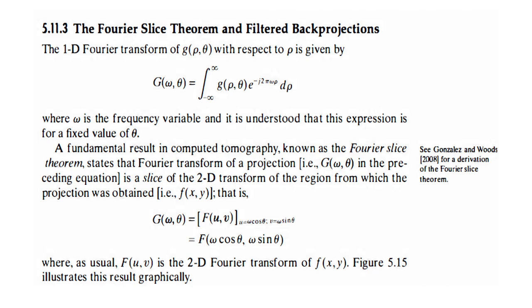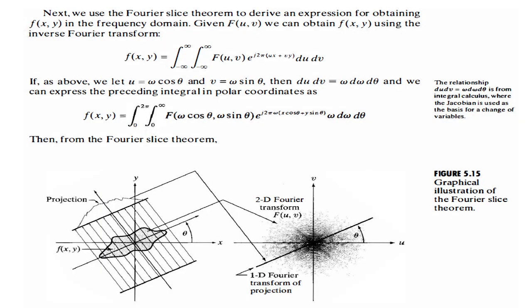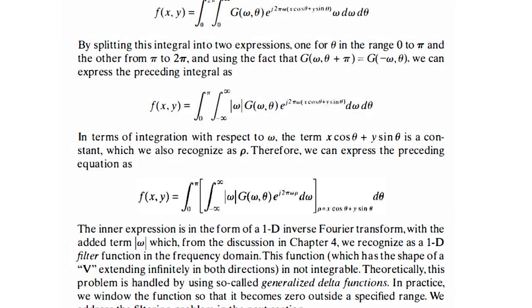Now let us see how it looks in graphical format. This is the Fourier slice theorem, and these are all the equations we are using. If you go through this, we can understand the theorem. We take all the back projections as slices, all the slices are stacked together, and finally we sum up to get the final reconstructed image.